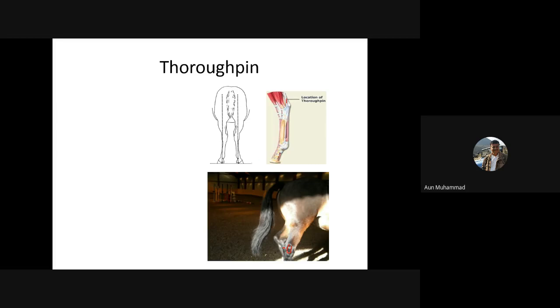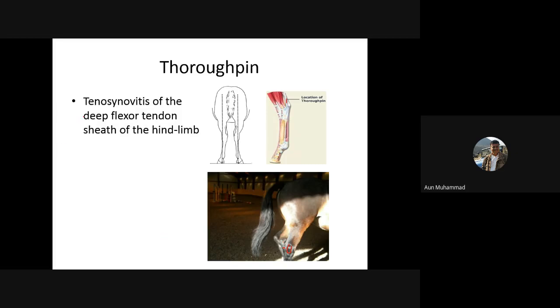So at the level of the point of the hock, you will see at the lateral as well as at the medial aspect a fluid filled area, and that fluid is very much fluctuating, and it has resulted because of the overuse of the hind limb and because of the stretching of the flexor tendon and their tendon sheath, and ultimately it has resulted in accumulation of the fluid because of the extra secretion of the fluid from the tendon sheath.